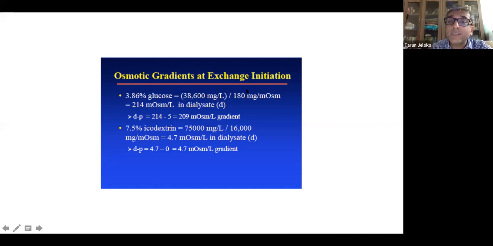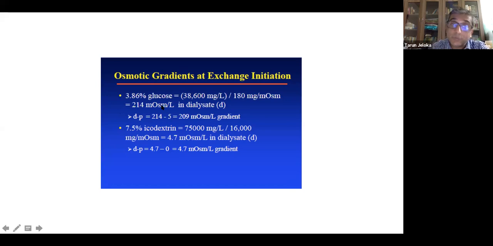When you divide by the molecular weight, 180 for glucose, which we know from beforehand, the osmotic strength comes out as 214 for glucose 4.25% bags. I hope it is clear at this stage. So how you calculate it is the concentration of that molecule, in this case glucose, divided by its molecular weight, which gives us the osmotic strength.